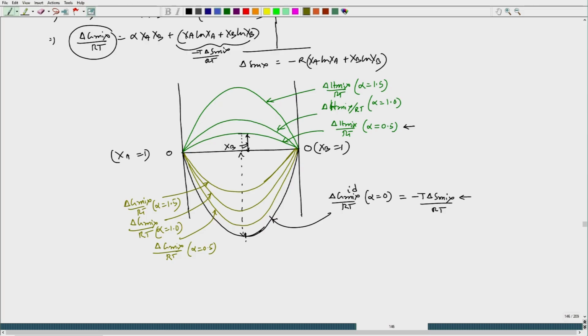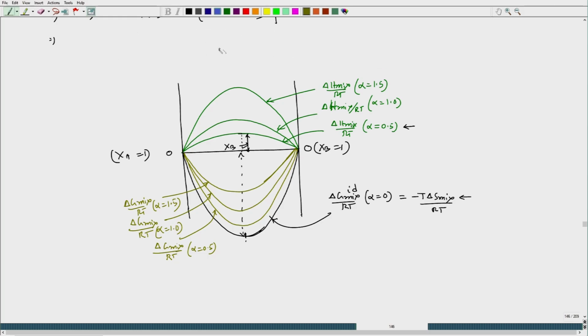Now, I increase it to 2.0. So, when I take it to 2.0, let me remove this thing so that I can extend that curve. So, this is delta H mix by RT, alpha equal to 2.0.